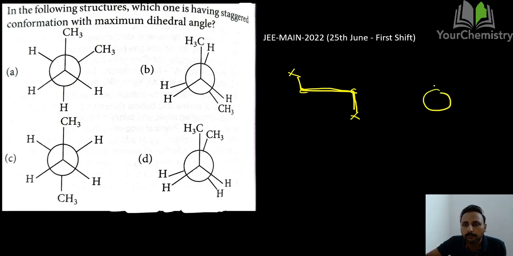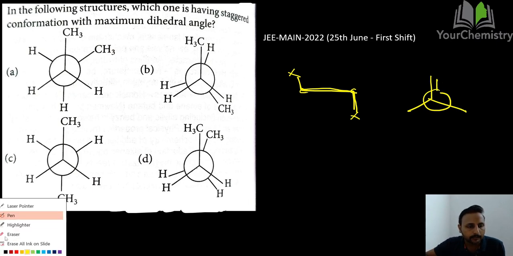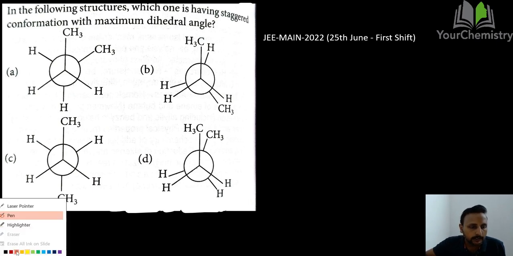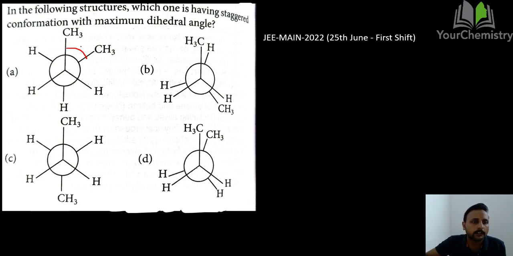For example, if I am drawing a particular structure like this, that means the bond angle between two different substituents in the adjacent carbon. For example, if you see this particular bond angle, it is just 60 degree. Able to understand?